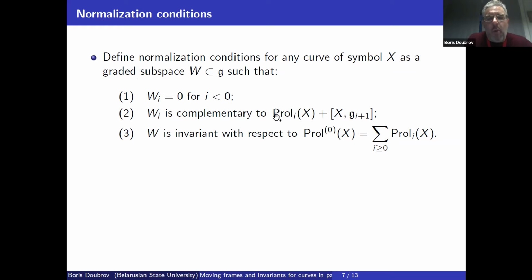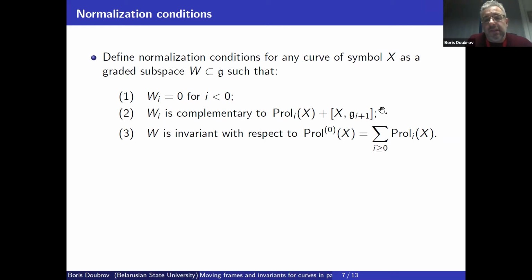Second, it is complementary to both the prolongation and the image. So in each non-negative degree i, I want Wi to be complementary to the prolongation of x in degree i and the bracket of x with g_(i+k), sorry, it's not i plus 1, it's i plus k here. So essentially the prolongation of x and the image of ad x fitting in degree i.